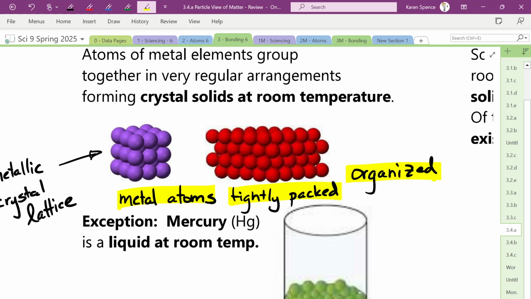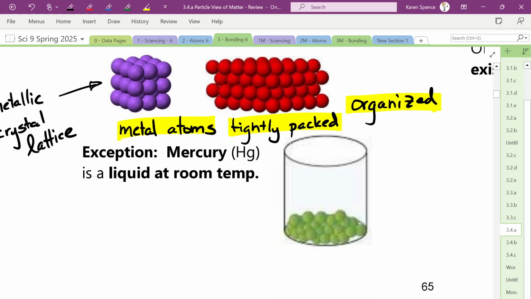There's an exception, though. Which is the one metal that is not solid at room temperature? Do you guys remember? Yes, mercury. Mercury is a liquid. Hg is the symbol for mercury, and it is a liquid, if you remember that little symbol for liquid.